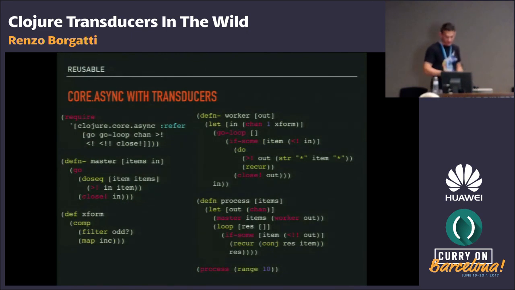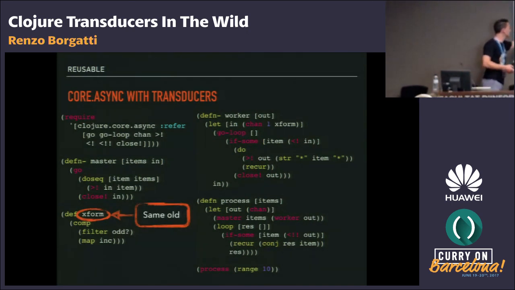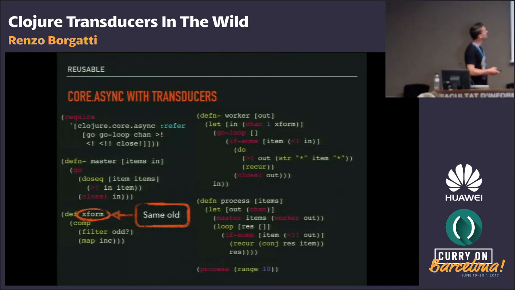This is the concurrency facility, core.async, that we saw at the beginning, and now that you extracted the essence and extracted the accumulation of the output, you can use the same old xform. So again, composition of filter odd, mapping, just as an example, and you can attach it to completely different transports.